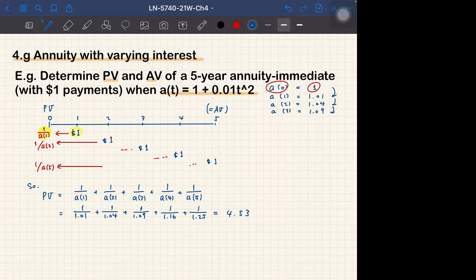So the present value is $4.53. Okay, so let me see if this is appropriate. We have A(1), A(2), A(3), A(4), and A(5). So interest rate is, okay, so first year 1% approximately, then 3%, 5%, maybe 7% and 9%.